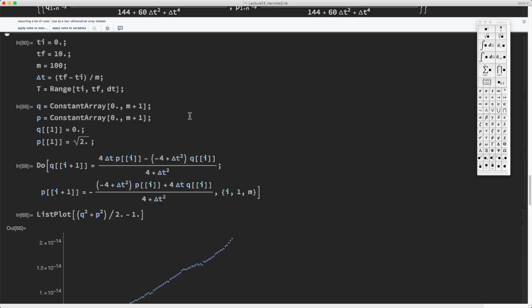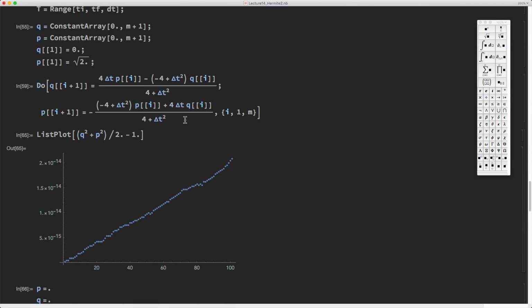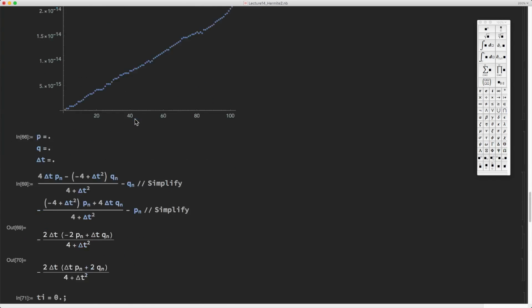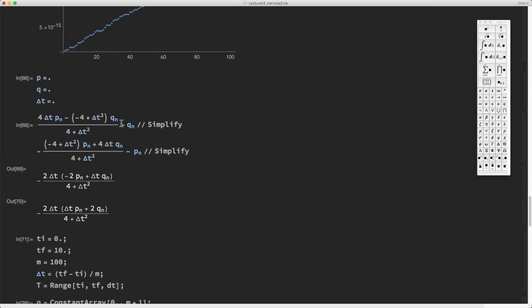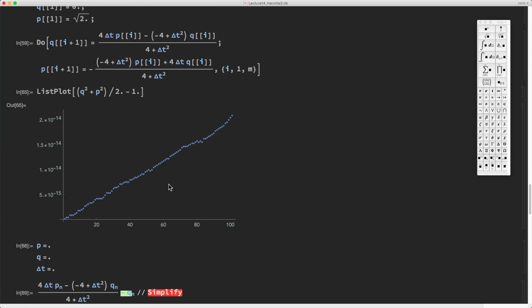And again, if you want the method to conserve energy better, avoid round-off error, then you can do what we did before, which would be subtract Q from this expression.